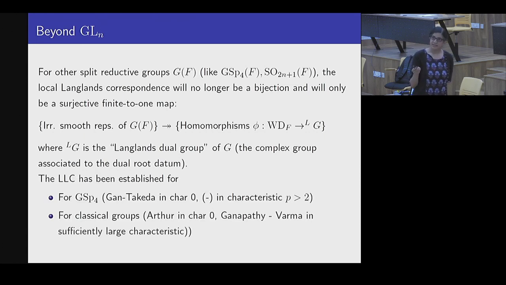This has been established for GSp_4. This was due to Gan and Takeda in characteristic 0, and I looked at this question in my thesis in characteristic p. The method was to use the method of close local fields in the theory of Kazhdan. Similarly, for classical groups, this is due to Arthur in characteristic 0, and for split classical groups, it was joint work with Sandeep Verma in sufficiently large characteristic.